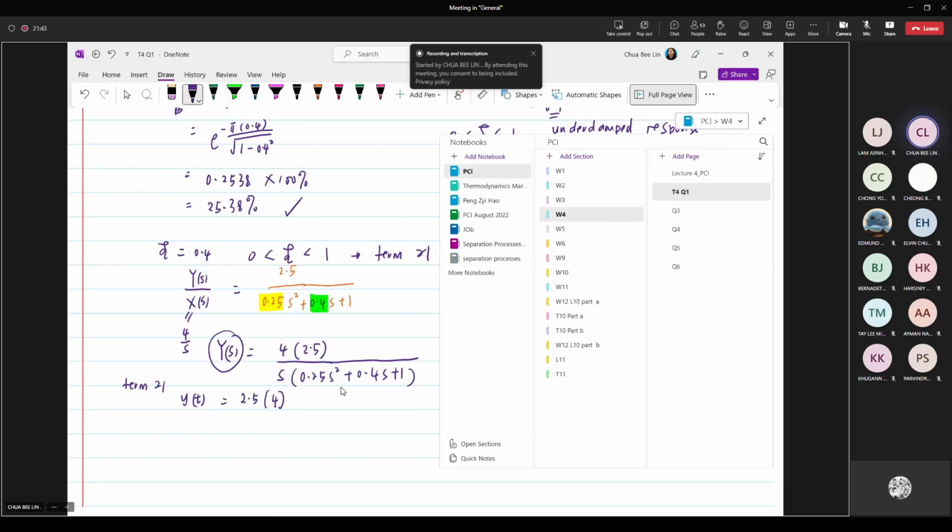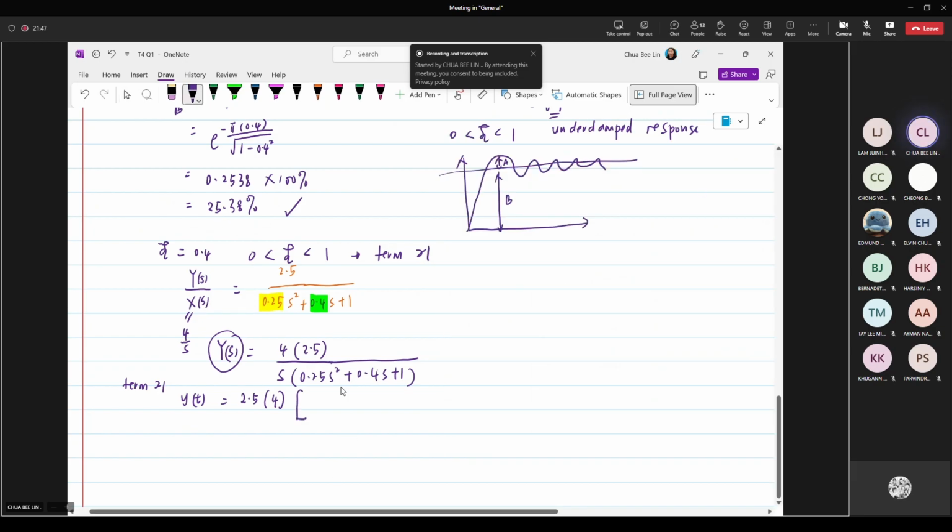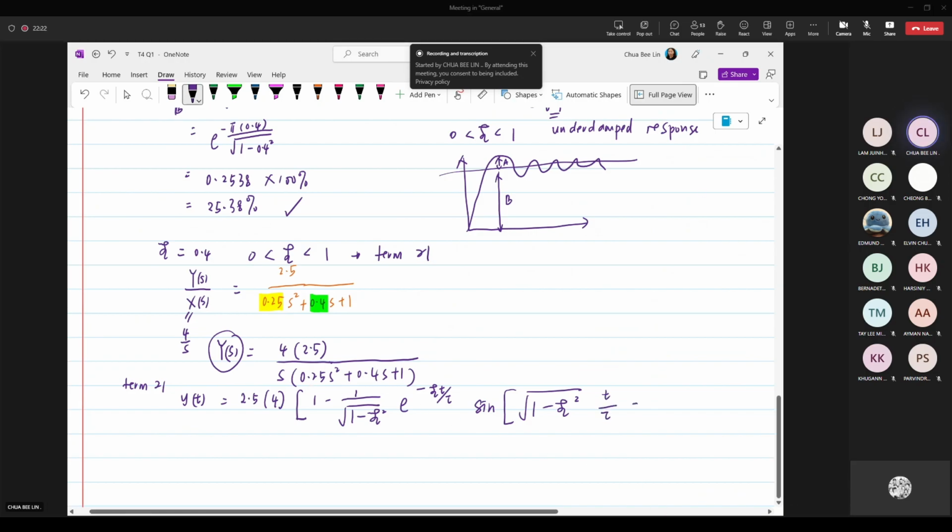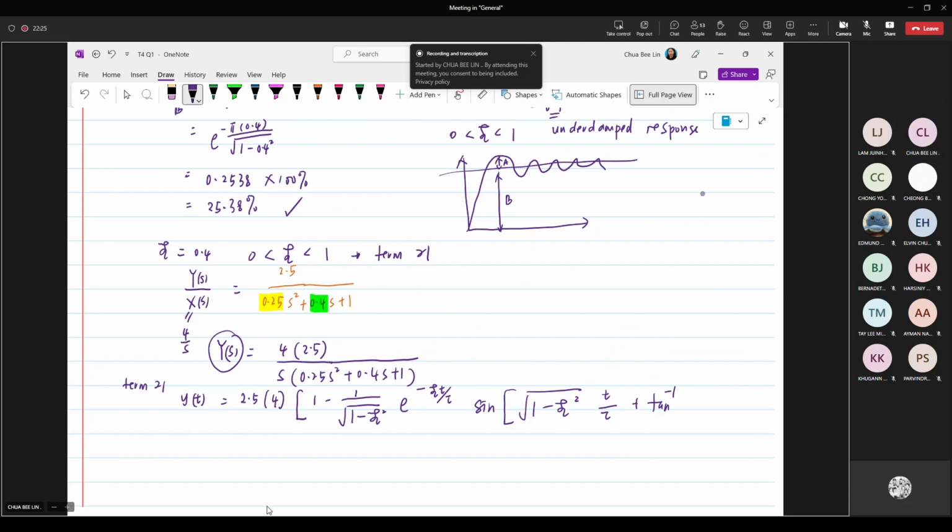You refer to your Laplace table. So you're having this whole thing, 1 minus 1 over square root of 1 minus damping factor power 2, exponential negative damping factor t over the tau, and then sine bracket, then square root of 1 minus damping factor power 2 outside t over the tau plus the phi, which is arctangent square root of 1 minus damping factor power 2, then over damping factor.